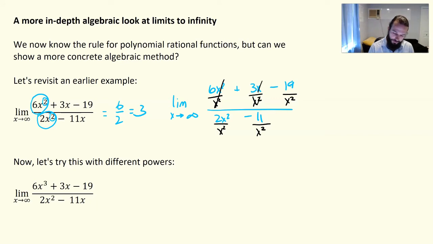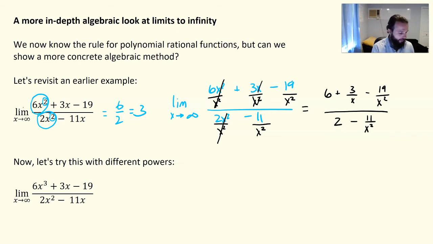Divide, divide, divide. And what we're going to be left with here is 6 plus 3 over x minus 19 over x squared, over 2 minus 11 over x squared.